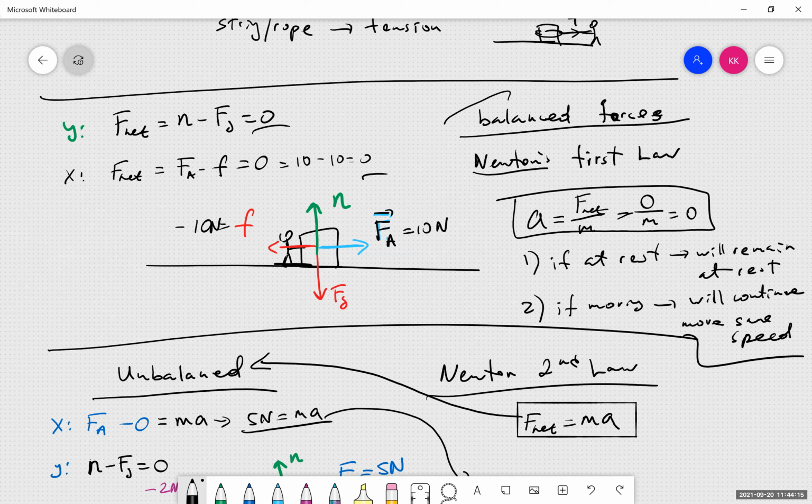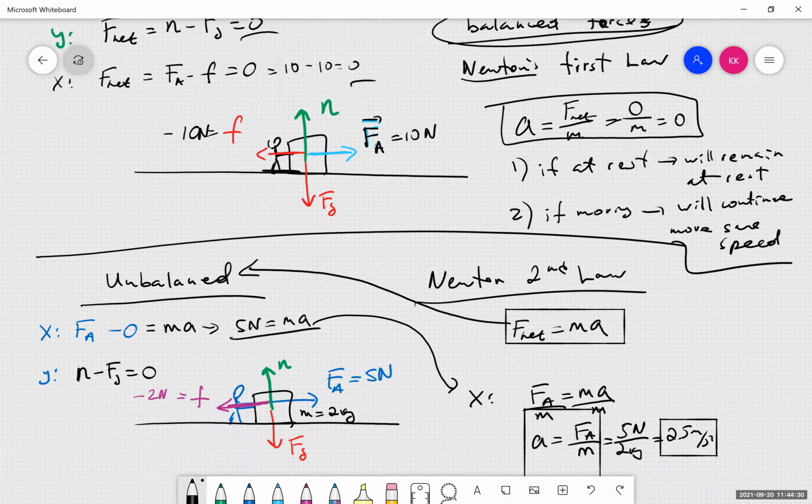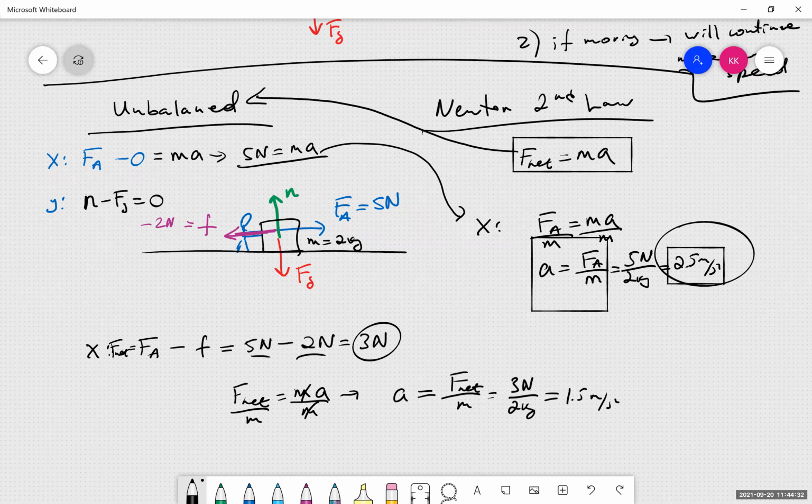As long as your forces are balanced, if the object is at rest, it will remain at rest. If the object is moving, it's going to move with the same speed and same direction, without changing its velocity. That's what balanced forces do. Unbalanced forces change the velocity because now there is acceleration.